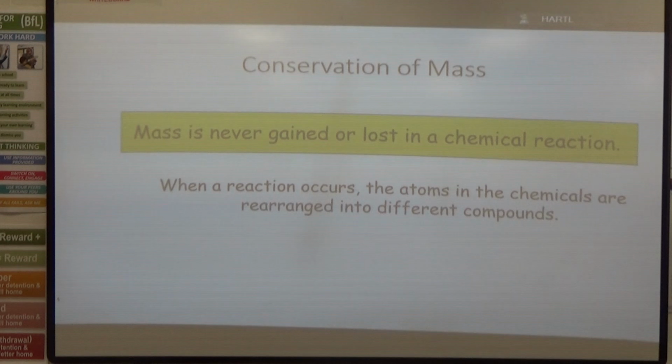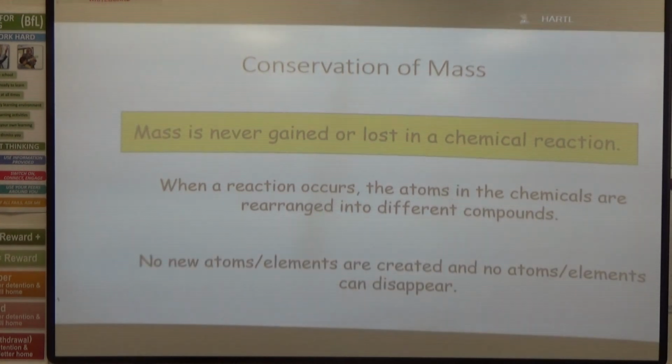So just a couple of other points as well. When a reaction occurs, the atoms in the chemicals are rearranged to different compounds. No new atoms or elements are created, and none of them can disappear either.